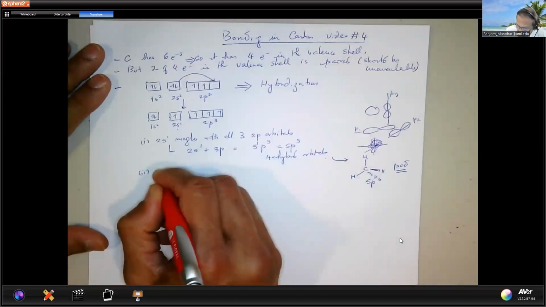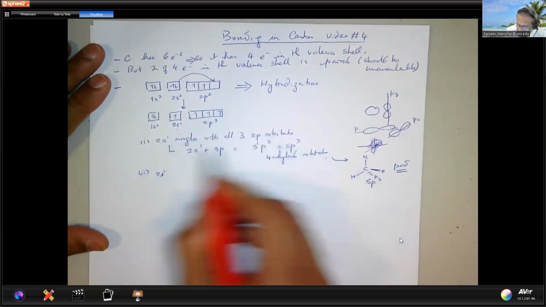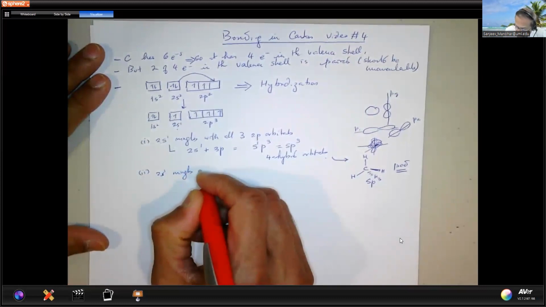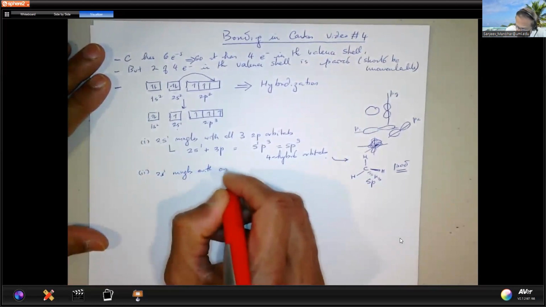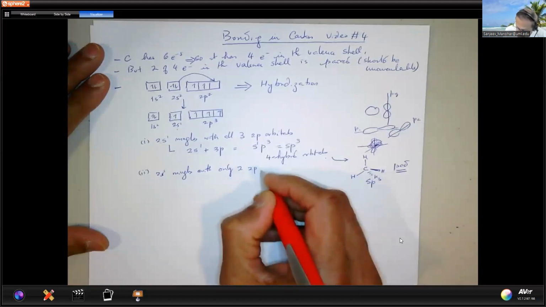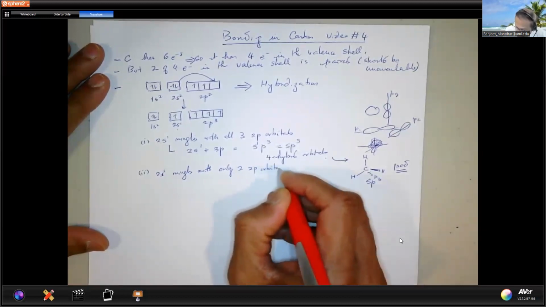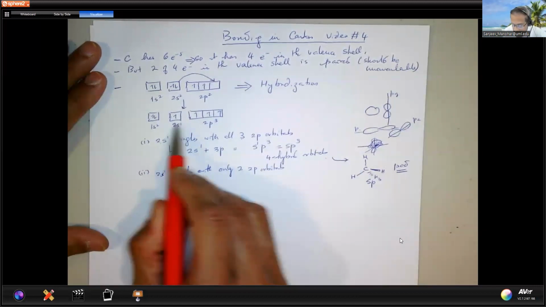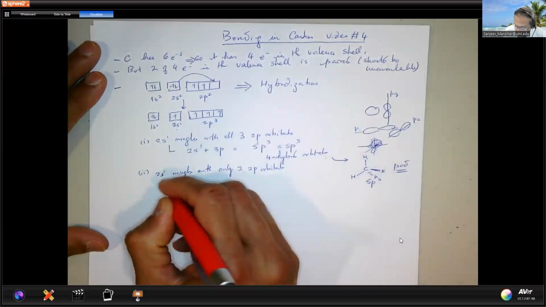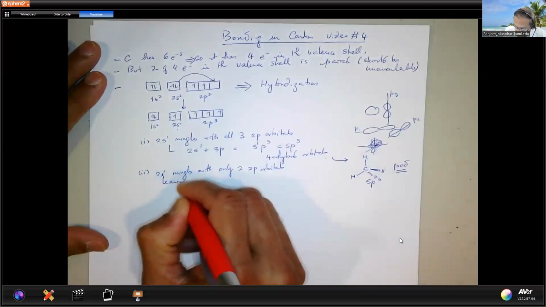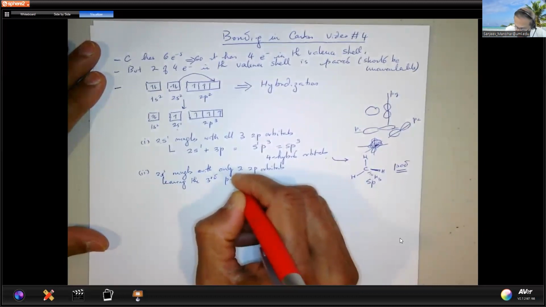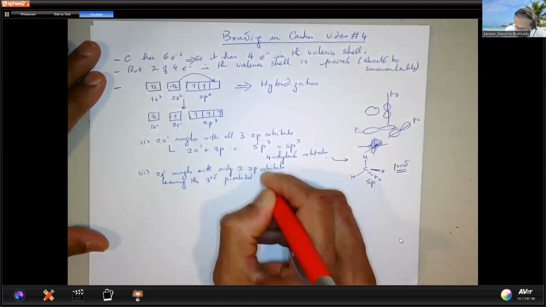Or the 2s1 doesn't have to mingle with all the 3p, right? It mingles with only 2 of the 2p orbitals. Maybe this one mingles with just this and that. That one's free, leaving the third p orbital untouched.